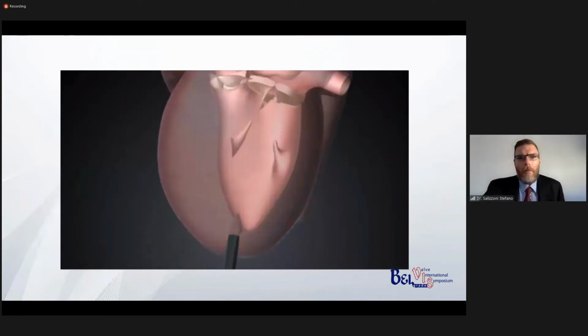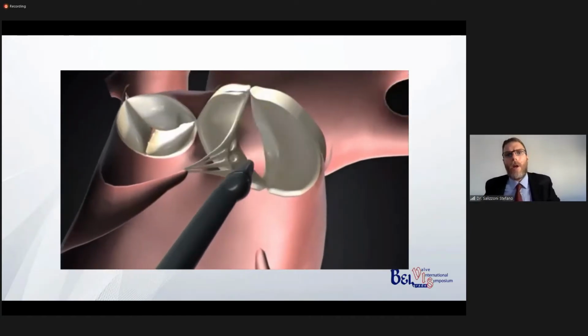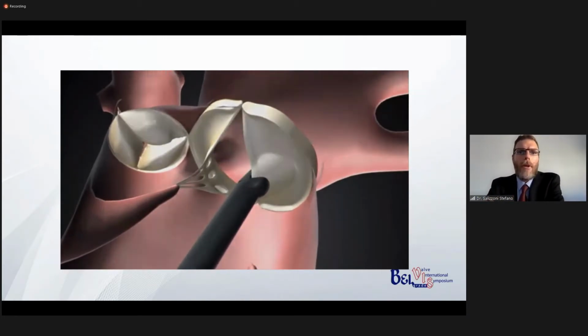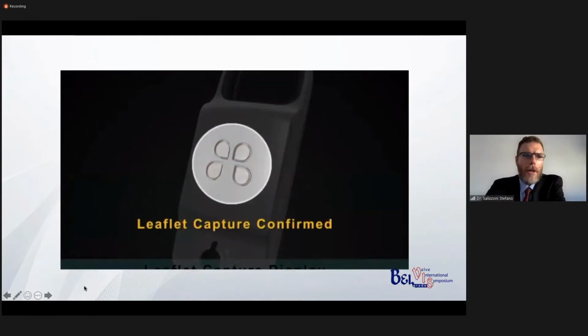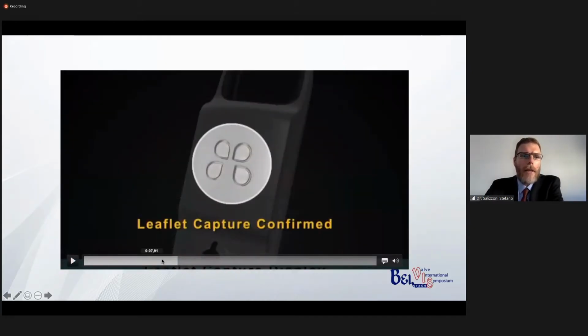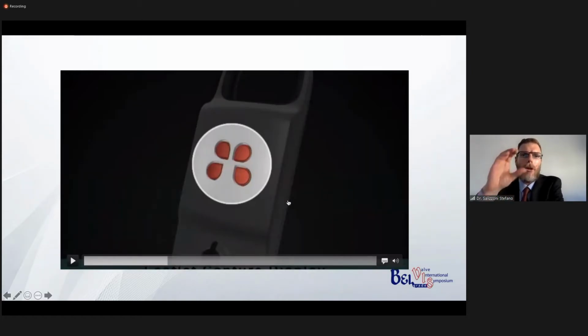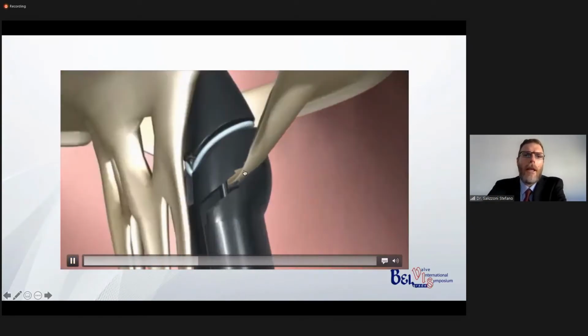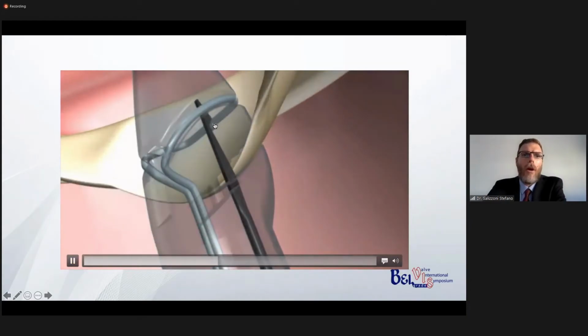So this is how it works. We have this instrument, this device, that grasps the leaflet under echo guidance, and then you have these fiber optics that tell you when you are in the blood with the open jaws, and when you grasp the leaflet correctly, the four lights become white, and so you know you grasped the leaflet correctly.